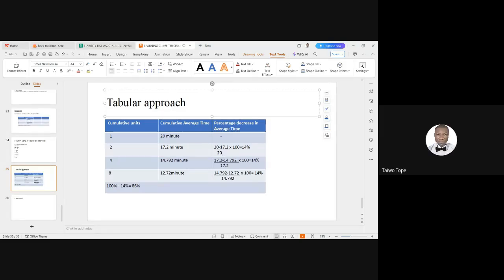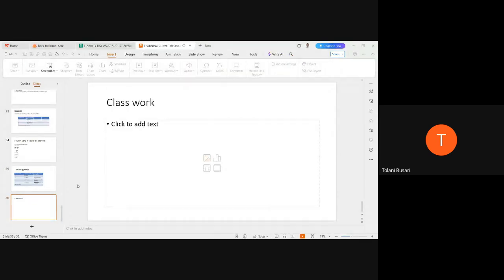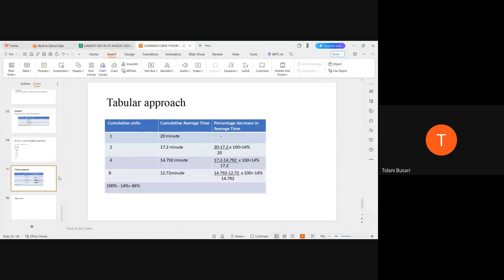But you must do the second one to be very sure that you are having 14%. After getting the rate that gives us 86%, we just subtract 86 from 100, so we arrive at 14%. 14% decrease.